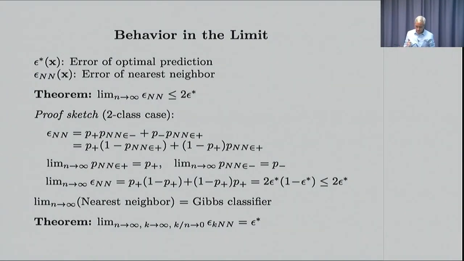So here's what we're interested in: epsilon star of x, which is the error. Star is usually the notation for optimal. So epsilon star is the error of the optimal prediction, often also called the base rate, meaning you can't possibly do better than that. If I've seen infinite examples, and of those that have a particular set of attribute values, 60% are of the positive class and 40% are of the negative one, what is your best prediction?